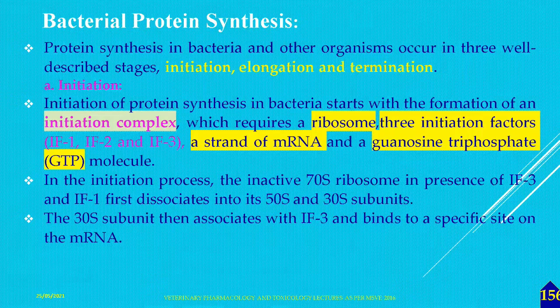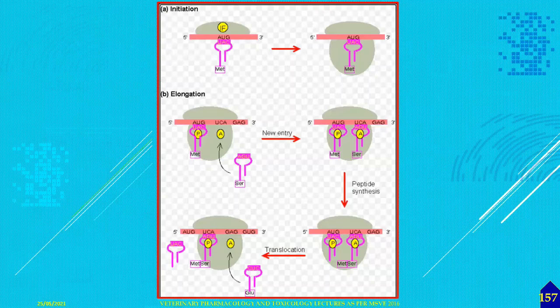Then the 30S subunit associates with IF3 and binds to a specific site on the mRNA, which we will see in the diagrammatic representation. So this is the process of initiation.